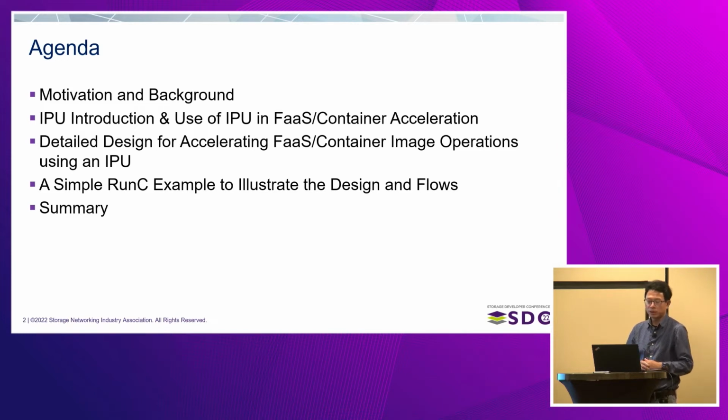We will also get into some detailed design to explain what exactly that means, what kind of operations it takes, and how to move those operations into the IPU to help offload the host workloads. We also did a POC, and Ziye Yang shows some examples, command line level details, to show how to do different options to explain the offload model. Then we have a quick summary.